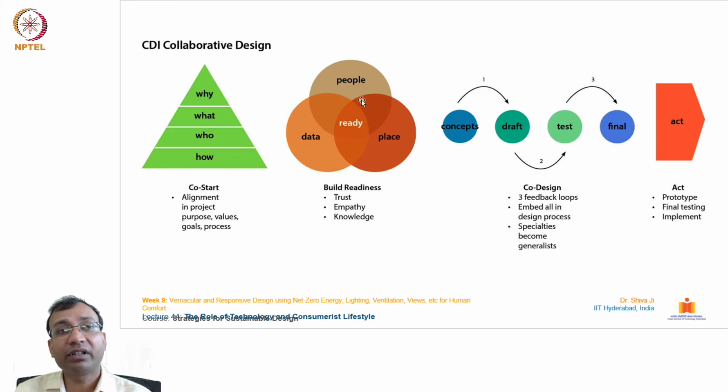Similarly it is given over here as people, place, and data. Between these, you can check your readiness level, and you can go for empathy-based understandings and insights, drawing, etc. Next to that, again conceptualizations, drafting, testing, and coming up with the final. So this is a typical design process.